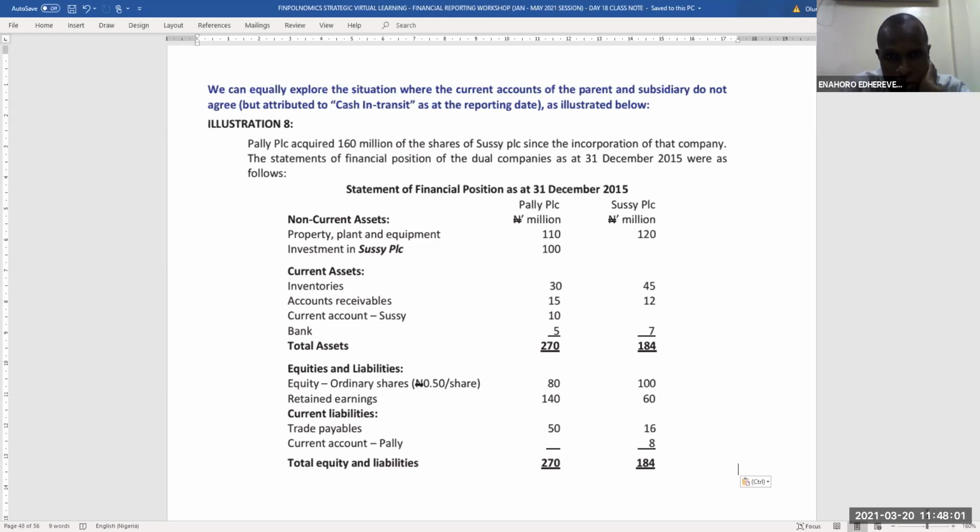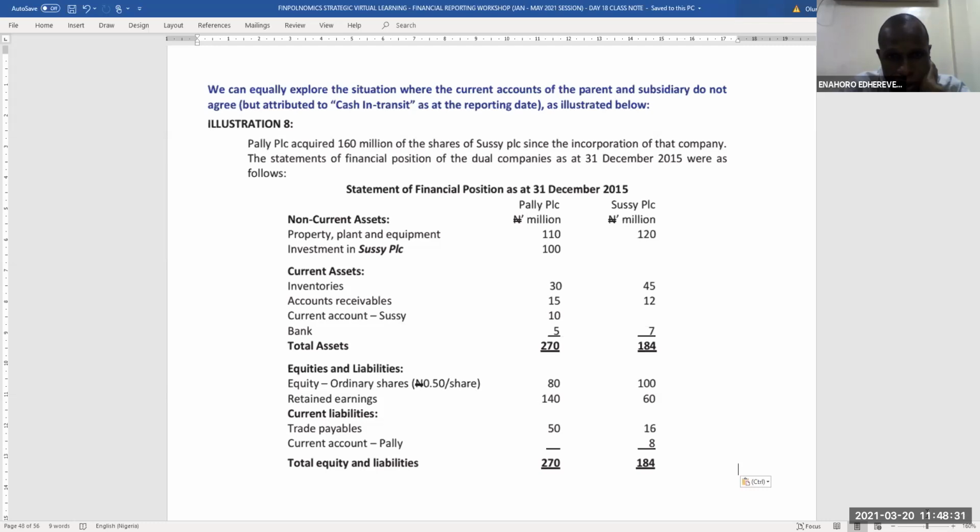Investment in SUSI, Pali 100. Current assets: inventories, Pali 30, SUSI 45. Account receivables, Pali 15, SUSI 12. Current account, SUSI, Pali 10, SUSI nil. Bank, Pali 5, SUSI 7.